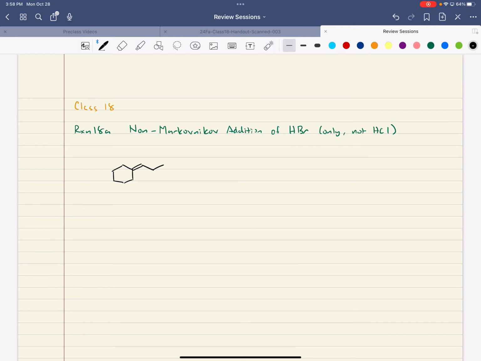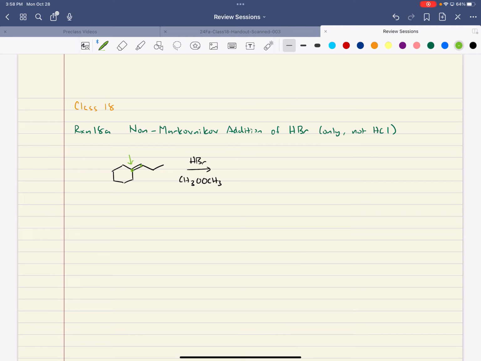Non-Markovnikov addition needs HBr, obviously. But if we did that only, it would be Markovnikov. That's exam 2. To switch it over to the radical mechanism and the non-Markovnikov addition, we use peroxide. So here I'll use methyl peroxide. Don't forget, as a trick, each carbon gets something.